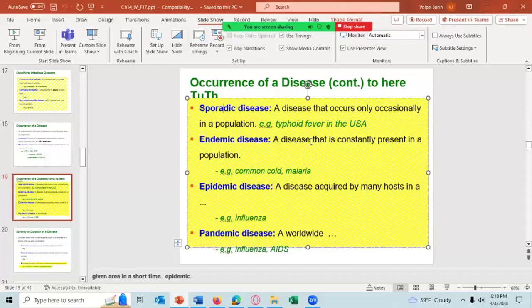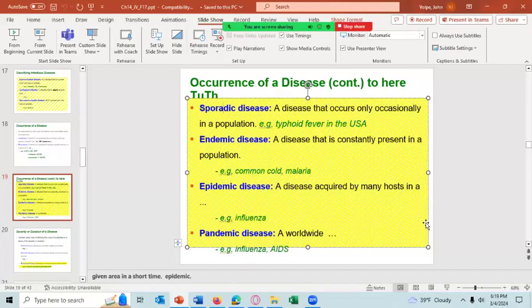Maybe a better example of a sporadic disease is every once in a while in the United States, we have malaria in the United States. And last year, it actually was endemic in Texas, Florida, and one other southern state where the malaria was spreading by the mosquitoes in the South, meaning we have the mosquito, at least in the Gulf states in the South, that can spread malaria.